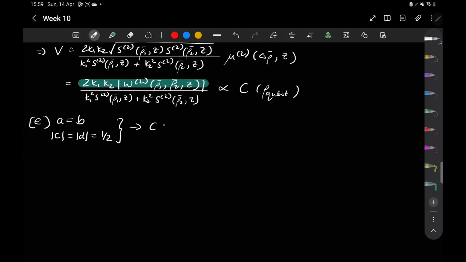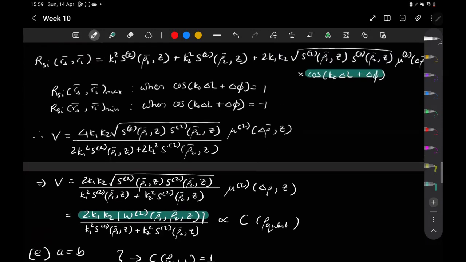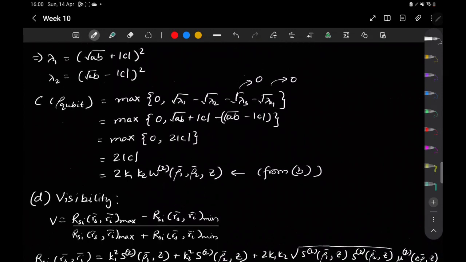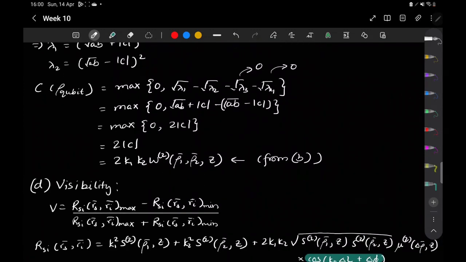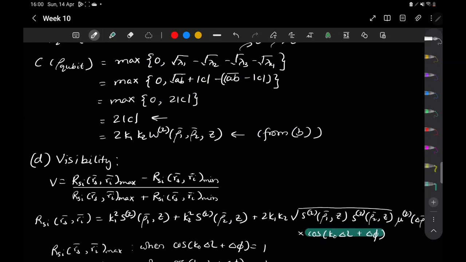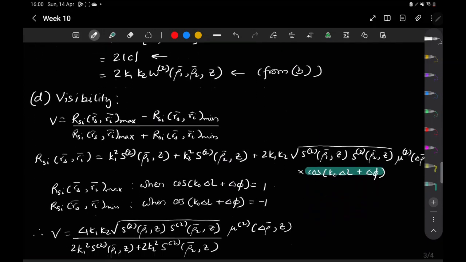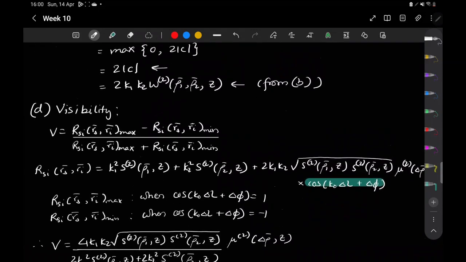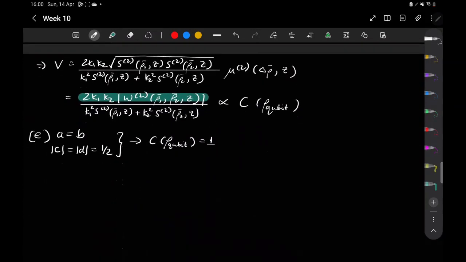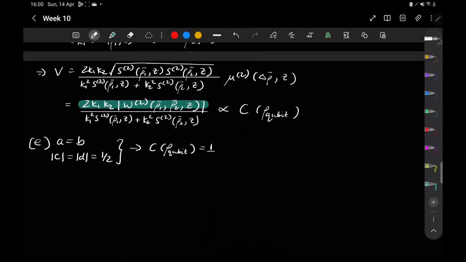This gives concurrence equals 1, because concurrence is 2 mod C from part C, and if mod C is half, then 2 into half gives us 1. So this means that state is maximally entangled.